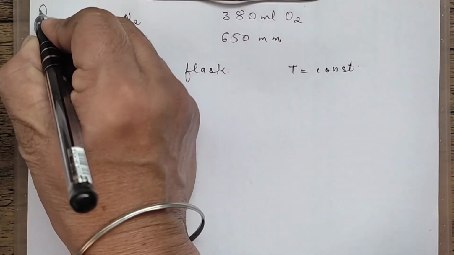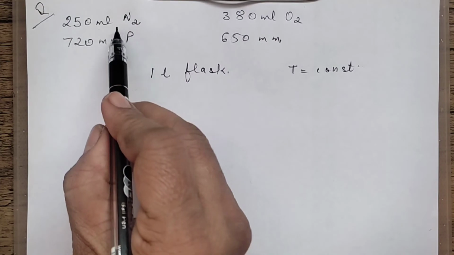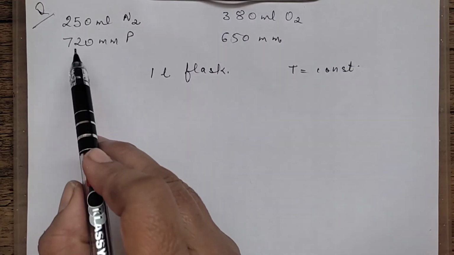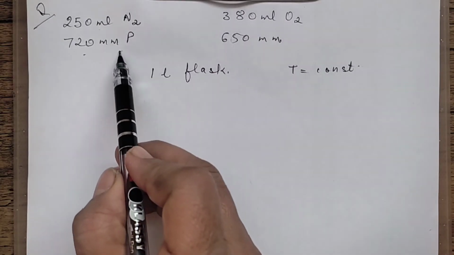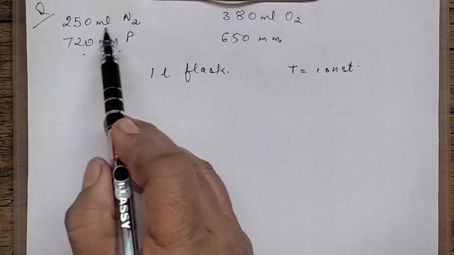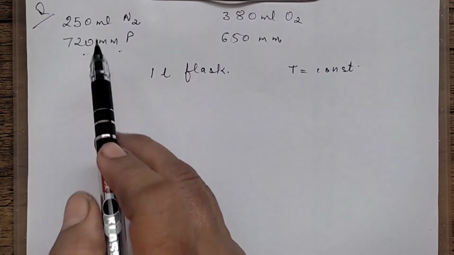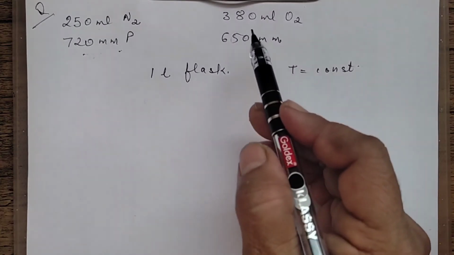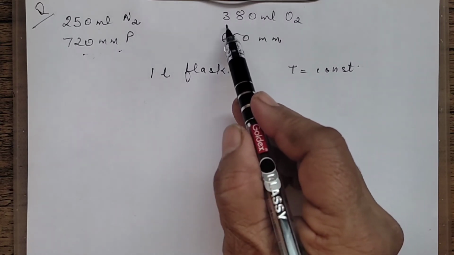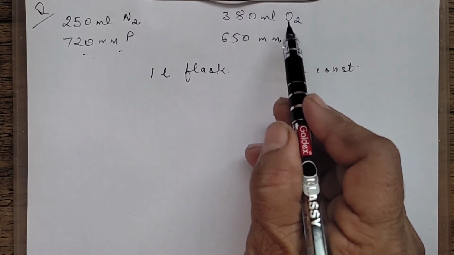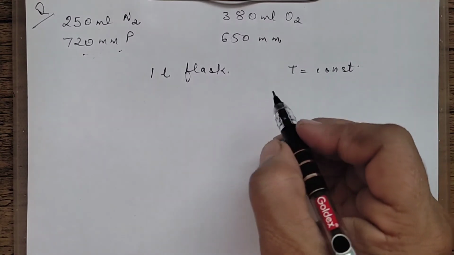The question says that suppose 250 ml nitrogen, this is the volume of nitrogen, exerts a pressure of 720 millimeter. 380 ml oxygen is exerting this much pressure.